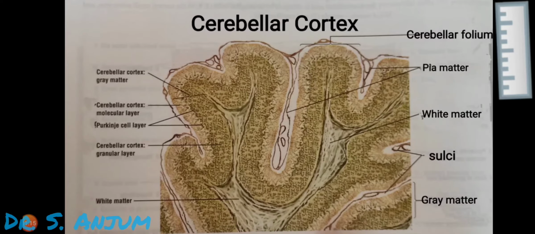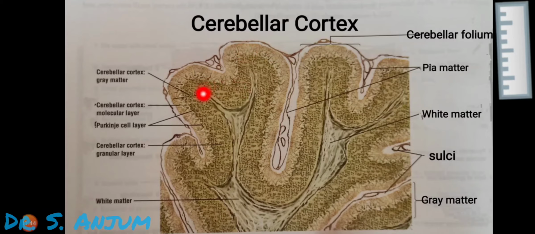So, in histological features, under the slide you will see numerous folia and sulci. The elevations are called the folia and the depressions are called the sulci. So, what are the points of identification? Points of identification you have to write. After seeing the slide, you have to write it is a section of cerebellum showing leaf-like folia.